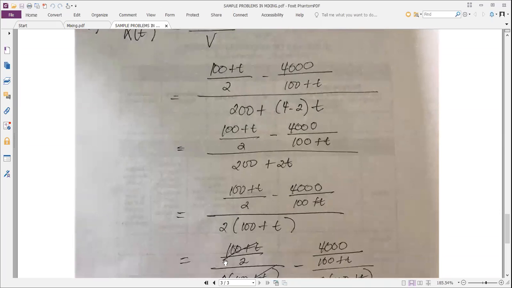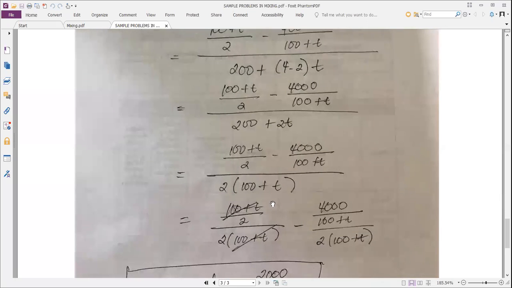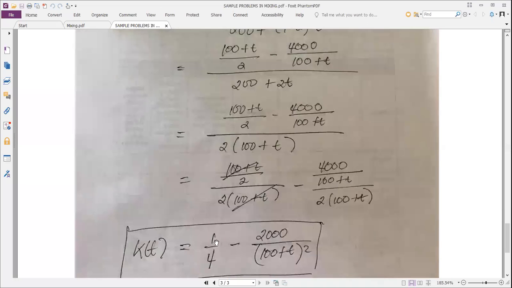So I have now a 200 plus 2T. If I factor out the 200, I will have a 100 plus T. So the mathematics in itself takes care of the complexity because I have a 100 plus T here and I have another 100 plus T here. If I cancel the 2, that leaves me with 1/2 over 2, and that would be 1/4. And this 4,000 over 100 plus T, if I divide that by 2 over 100 plus T, this will be 2,000.